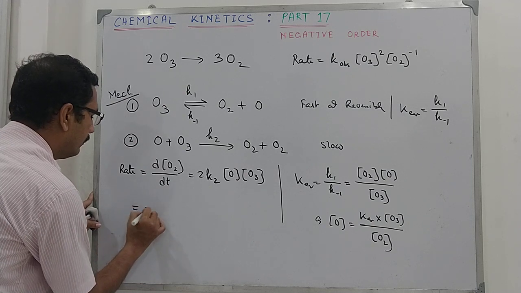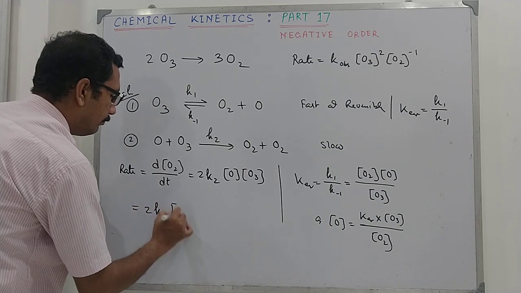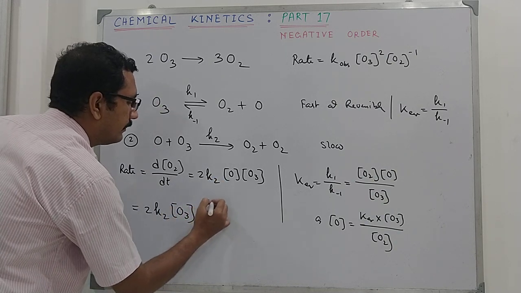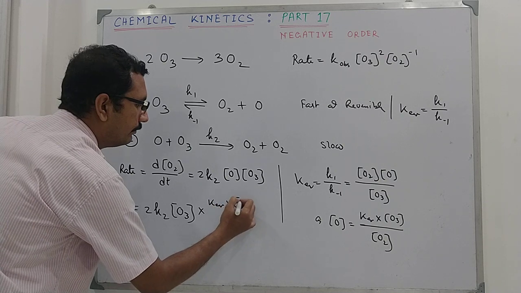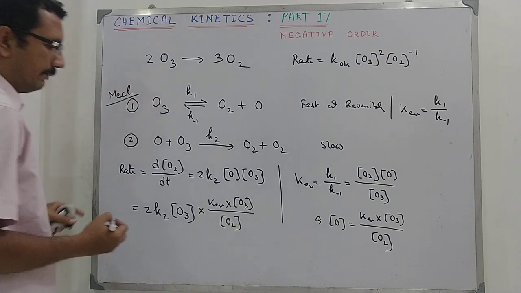So we will have 2K2 into [O3], and now [O] is K equilibrium into [O3] by [O2].